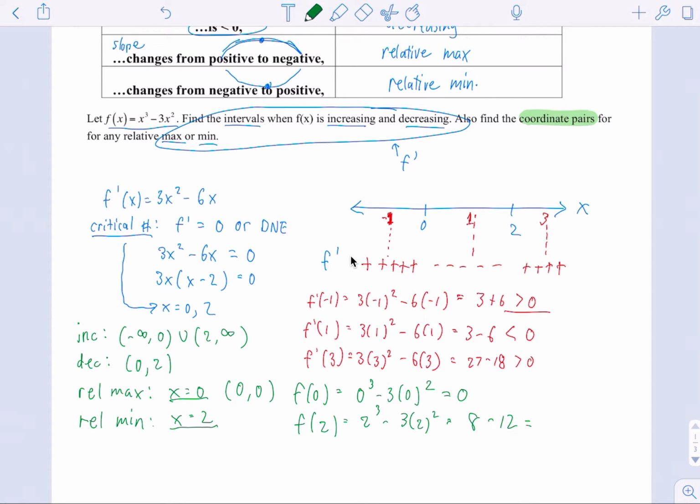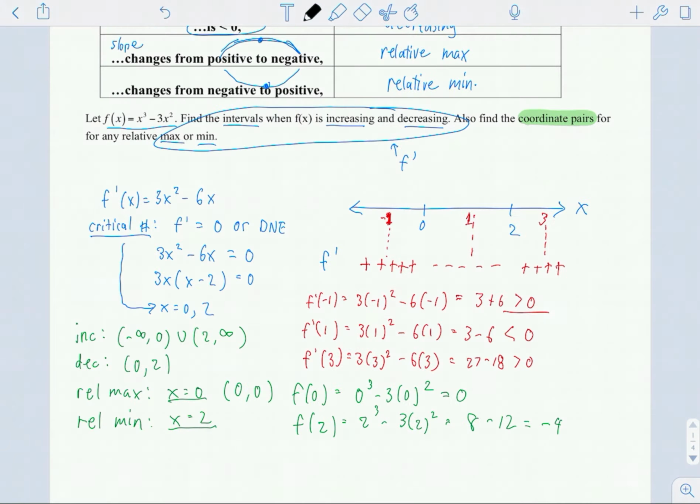So that is equal to negative 4. And then we need to do the coordinate pair. So this is 0, comma, no, sorry, 2, comma, negative 4. So this would be our solution to this problem.